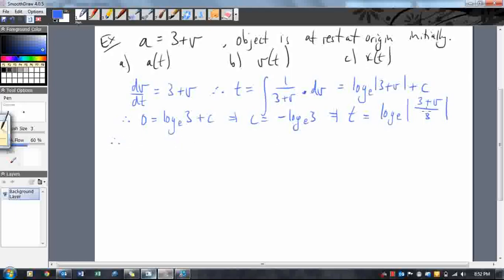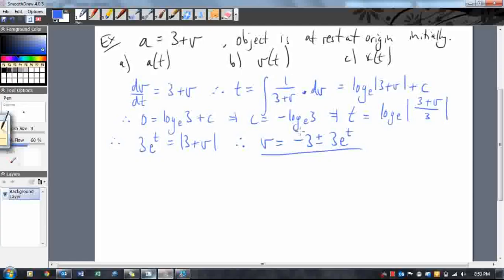Therefore, rearrange it, e to the t equals that, then times by 3, so it'll be 3e to the t equals 3 plus v, and there's a modulus in that 3 plus v. Okay, so therefore, rearrange that, v equals minus 3 plus or minus 3e to the t.